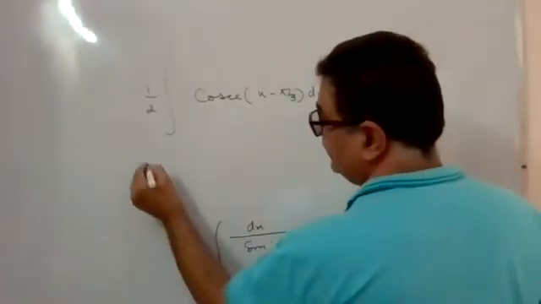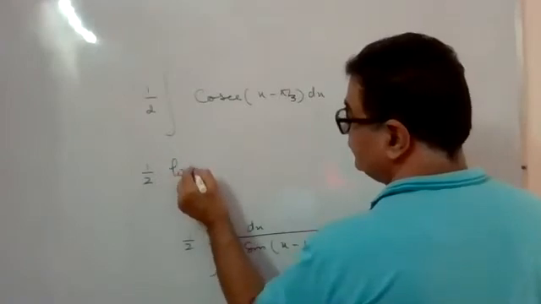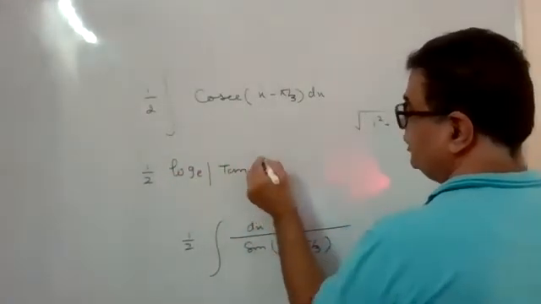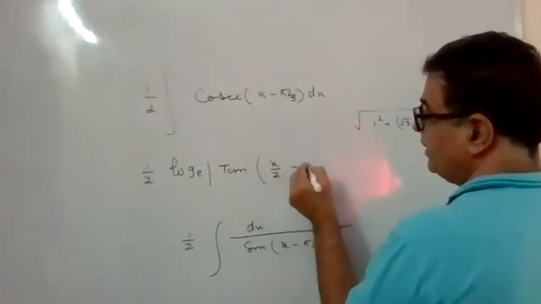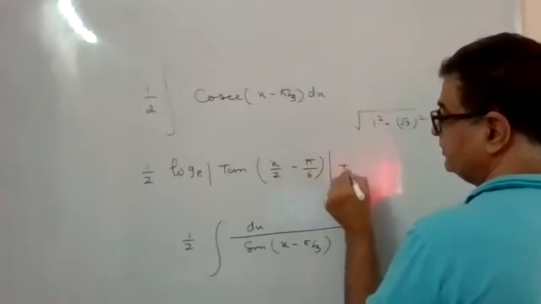And now we can integrate it. Half, again log tan x by 2 I am using. So it will be log of tan of x by 2, so it will be x by 2 minus pi by 6 plus c.